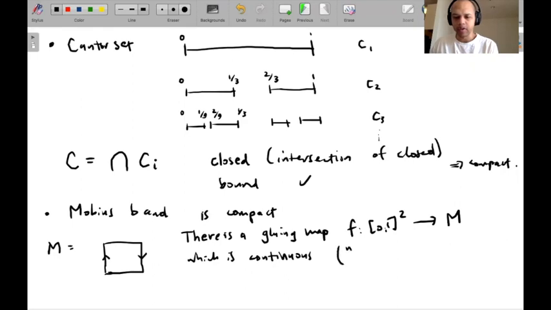So let me just put in parentheses, we need to topologize M. And we'll do that next week, or maybe at the end of this week, with what's called the quotient topology.